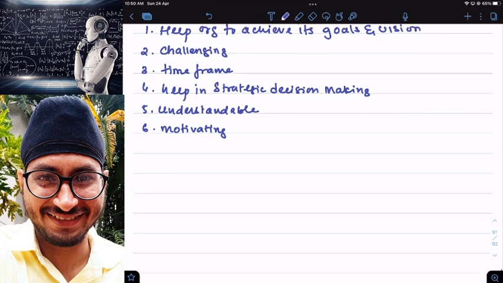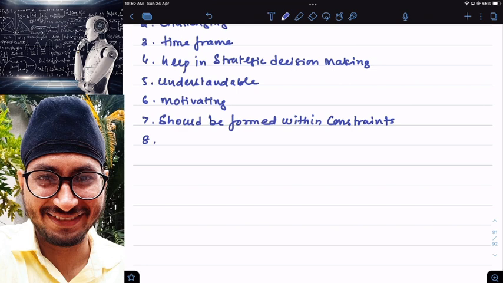Next, objectives should be formed within constraints. Within constraints means depending upon your capability, you decide your own objective. Don't copy the other company's objective. Depending upon the capability and the resources I have, create my own objective.